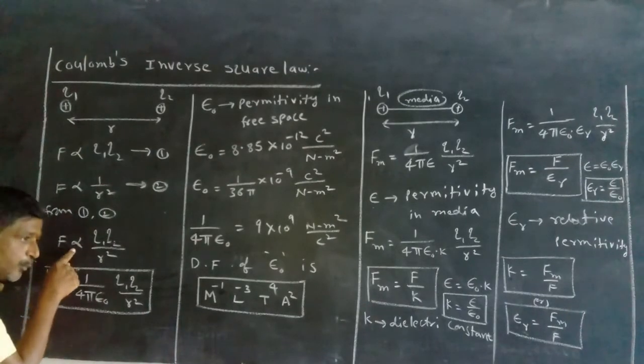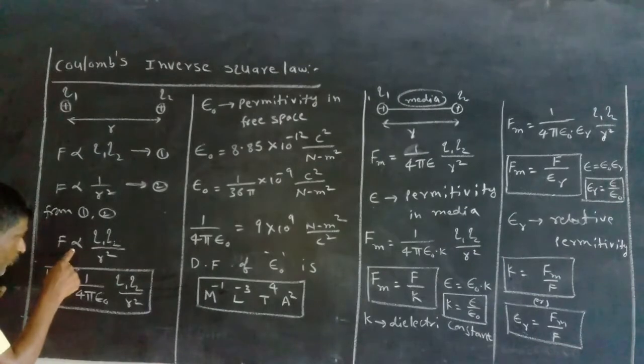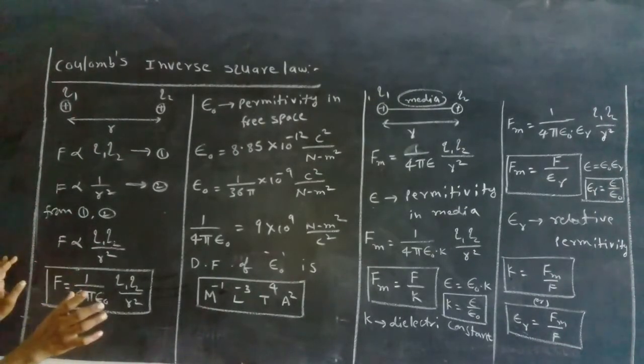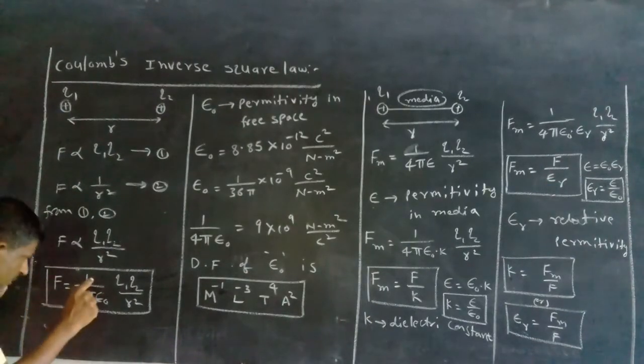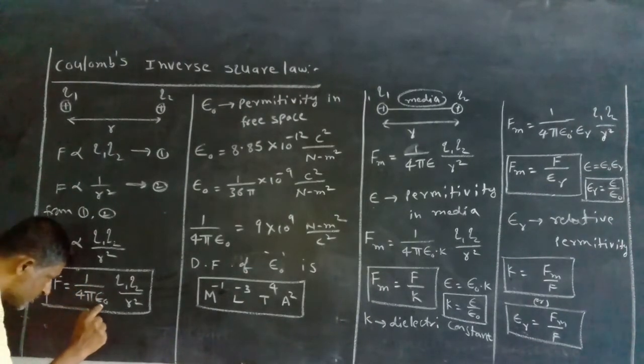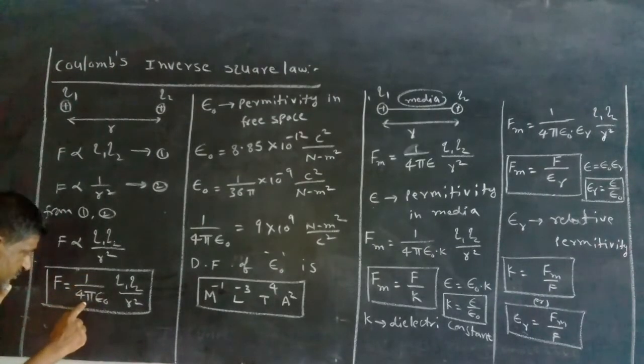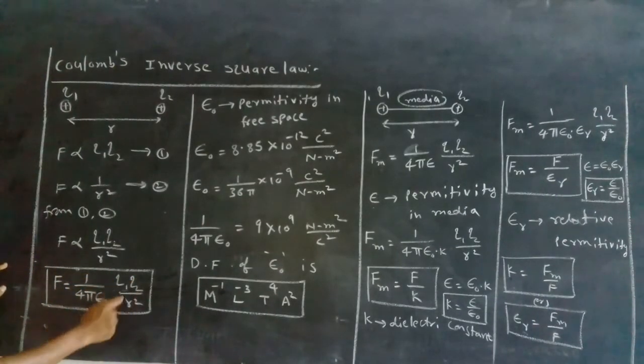This is called the proportionality symbol. When the proportionality is removed, we compulsorily write one constant. But what is the constant here? It is 1 by 4 pi epsilon naught, and Q1 Q2 by r square.